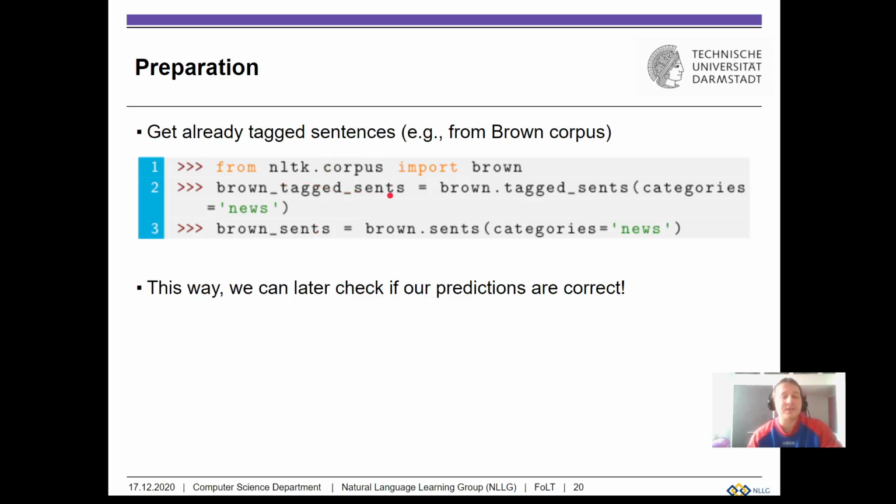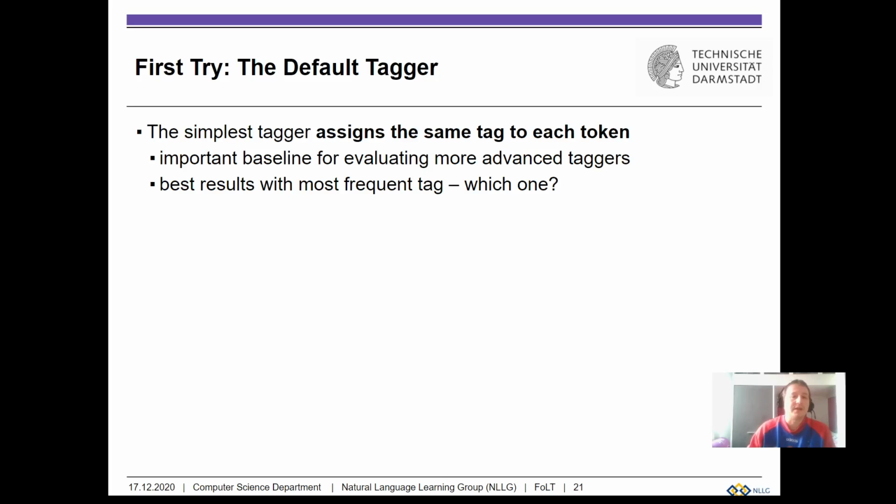If we have the human annotated corpora, then we can use them to later check if our automatic predictions are in fact correct. This is what's called a gold standard, our reference to which we make the comparison. So we evaluate the quality of our automatic tagger by reference to the human gold standard.